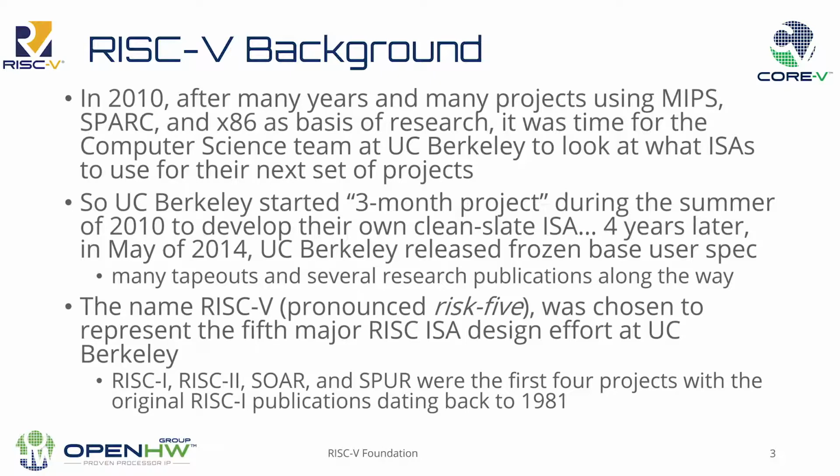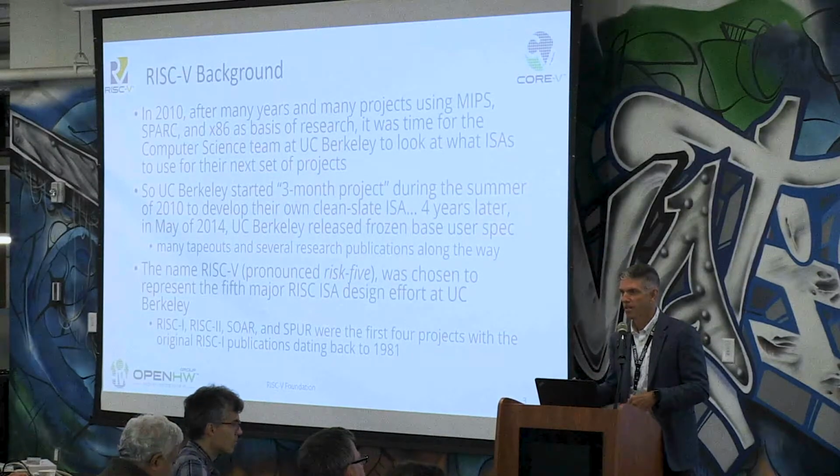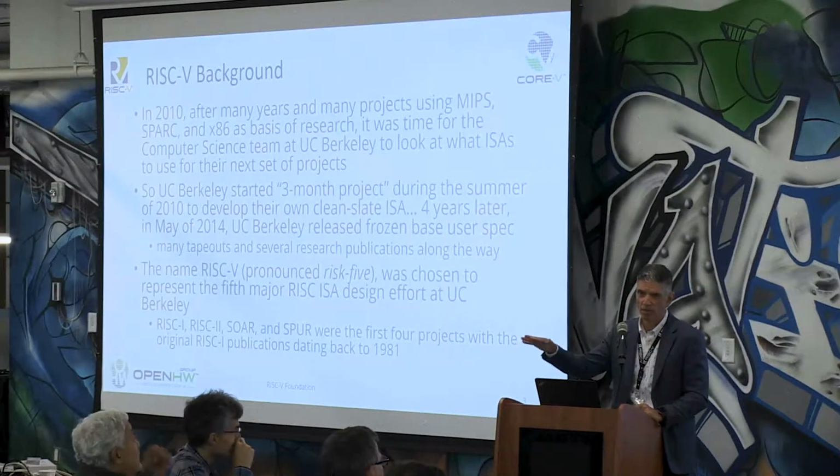Many, many tape outs along the way, lots of research papers, and that was really cool. And a lot of industry traction, right, which kind of surprised them a little bit, and I'll talk about that a little later. This part's important, right? It's not RISC-V, it's RISC-V, Roman numeral 5. So you are all now deputies of the brand.